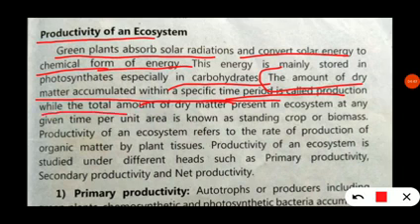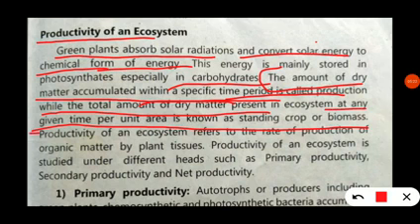While the total amount of dry matter present in the ecosystem at any given time, per unit area, is known as standing crop or biomass. This is important: at any given time, per unit area, it is known as standing crop or biomass.